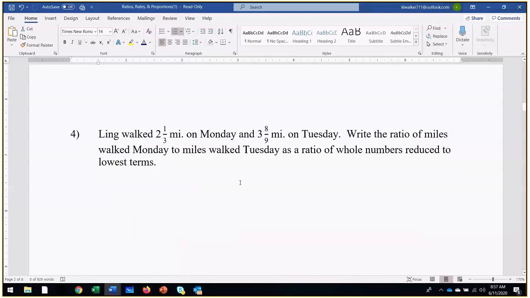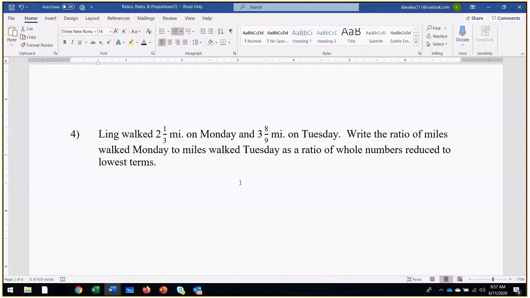Okay, so number 4 says Wayne walked 2 1/3 miles on Monday and 3 8/9 of a mile on Tuesday. Write the ratio of miles walked Monday to miles walked Tuesday as a ratio of whole numbers reduced to lowest terms. So let's jot it down.